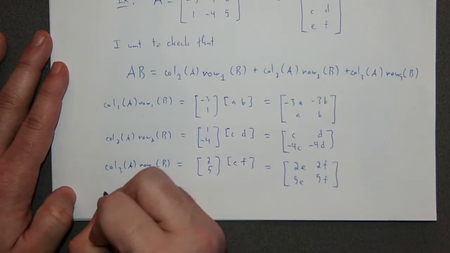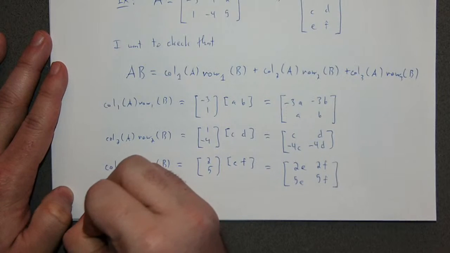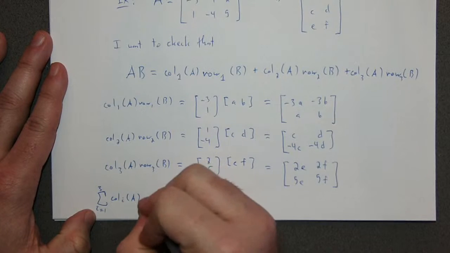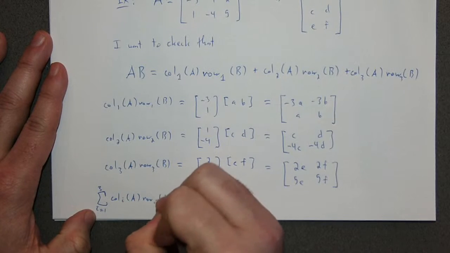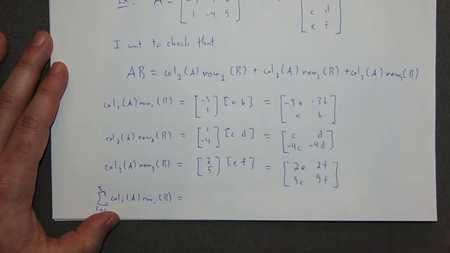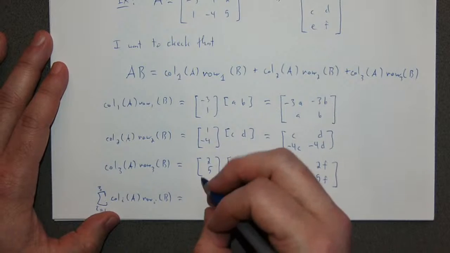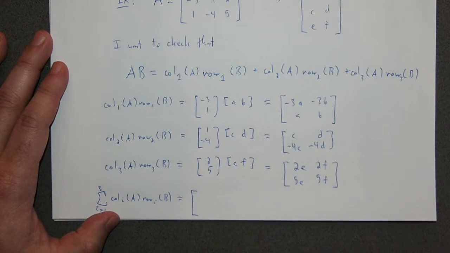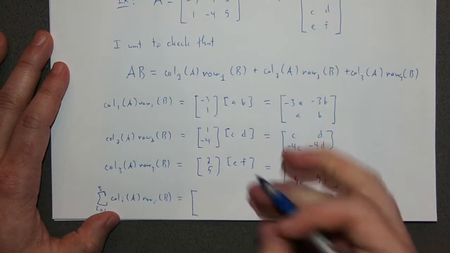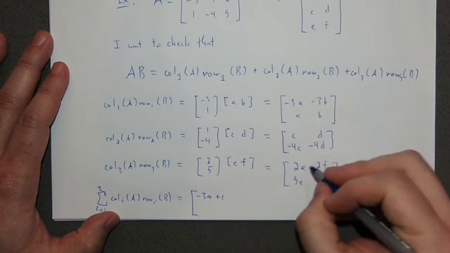I'm going to write this using sum notation. So this is the sum from i equals 1 to 3 of col i of A times row i of B. If you actually add these three terms together, what do you get? So you get the 2 by 2 matrix that is, minus 3A plus C plus 2E.